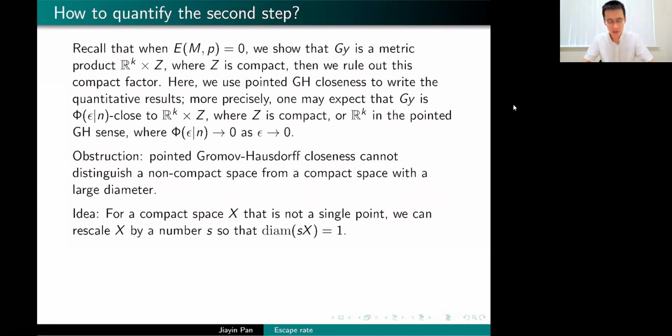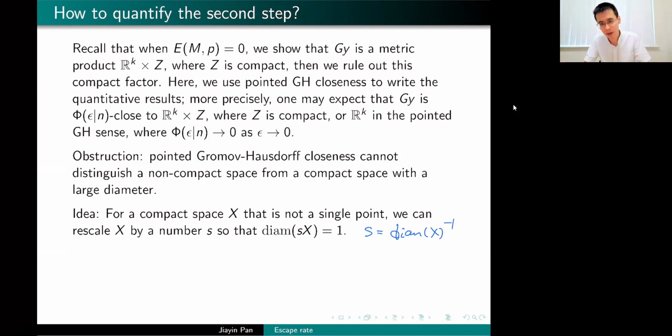So to overcome this obstruction, the idea comes from something very simple. It's this observation: for a compact space, say X, that is not a single point, we can always rescale X by a number s so that after scaling, the diameter equals 1. Clearly s is the diameter of X, then taking the inverse, 1 over the diameter.